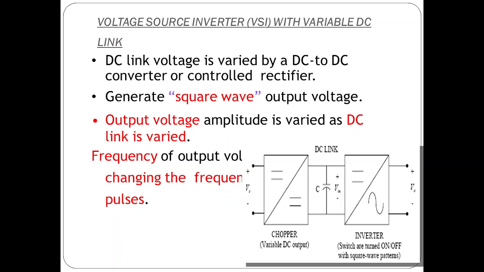Here the variable DC is converted to DC, and that DC is converted into AC, that is the square wave output voltage.